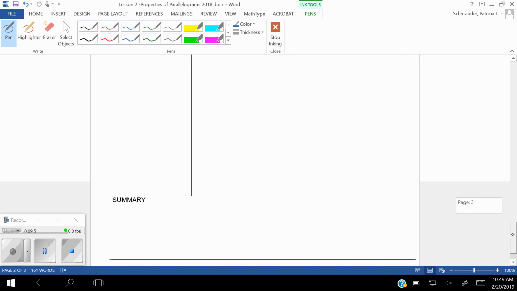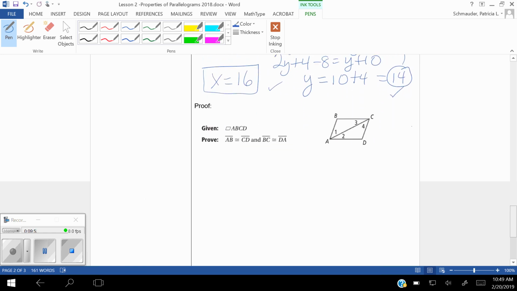Okay, now we're going to do a proof, and this is the last thing of the day. So let's set it up. I feel like we haven't done a proof for a while, so this is very exciting. Statements, reasons. Of course, we have to number them all. I know the first one is going to be given. I'm going to write down the given.